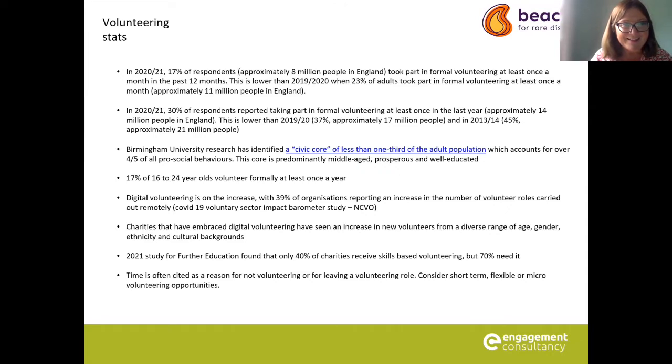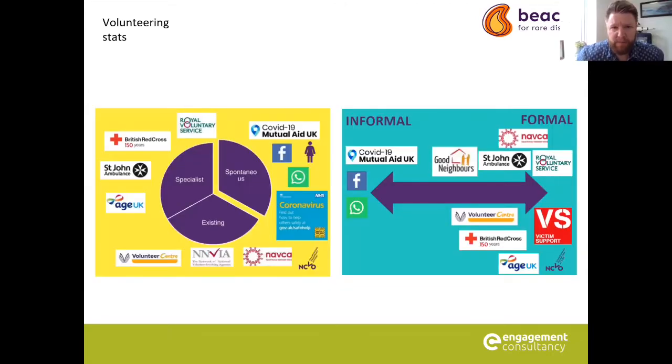Okay, so it's really interesting what Hannah was saying there, and we're going to look at this slide again from NCVO around the varying types of volunteering, and we've put it in a bit of a context of COVID, but I think it's just helpful to see the different types of roles, and it contextualizes the differences in volunteering during the pandemic and then coming out of it as well.